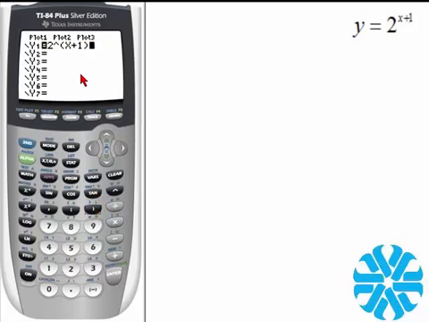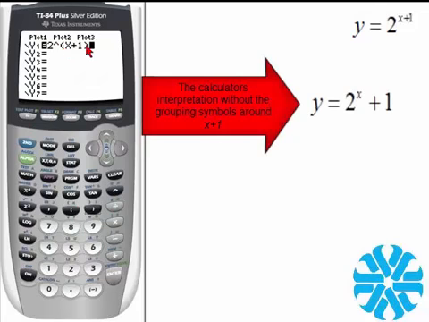Now, the reason why you need to put the x plus 1 in parentheses is because of order of operations, and if you did not put parentheses around here, the calculator would interpret it as 2 raised to the x and then add 1 to that.